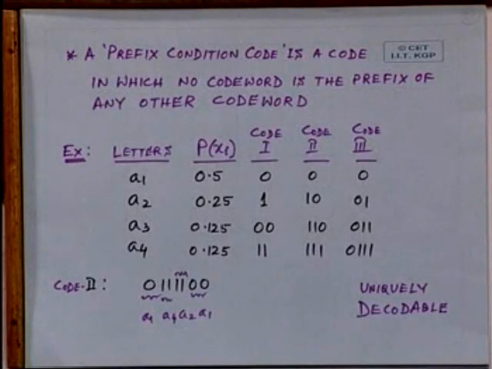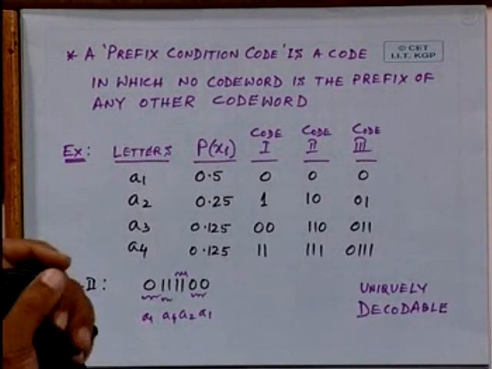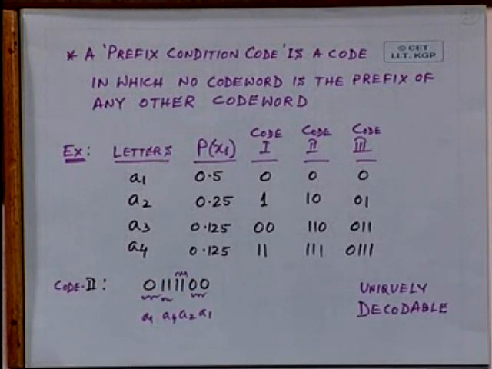This issue is known as that of unique decodability of the coding scheme. I must come up with a source coding scheme such that we are able to recover the corresponding code words without any ambiguity, so that we can map them back to the letters x1, x2, x3, because if the information source gives me x1, x2, x3, I must deliver x1, x2, x3 to the information sink at the receiver end.